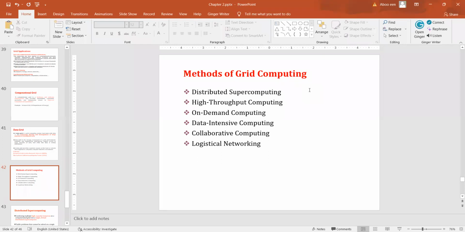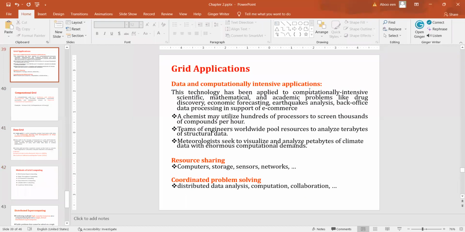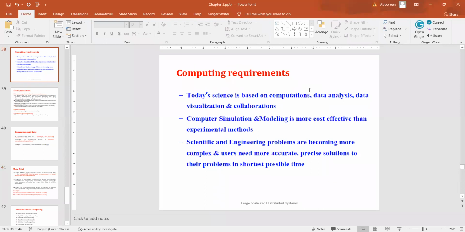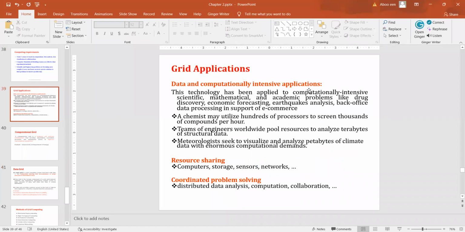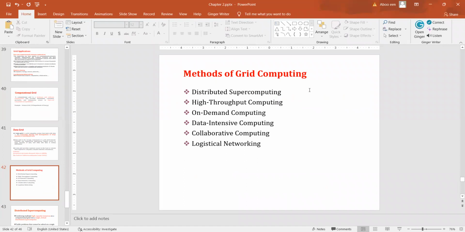So in the previous slide, we looked at various grid applications and the computing requirements also. Based on the computing requirements and grid applications, the grid computing architecture or method can take these forms: distributed supercomputing, high throughput computing, on-demand computing, data intensive computing, collaborative computing, logistical networking.